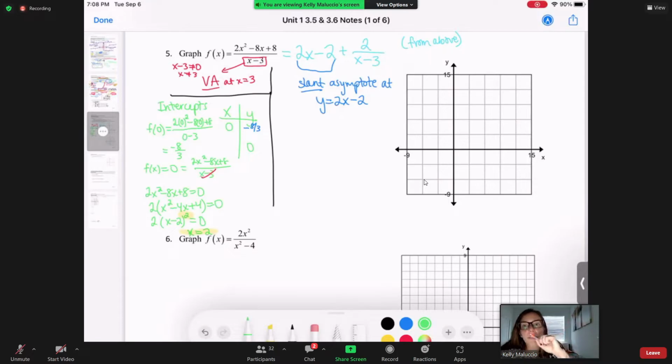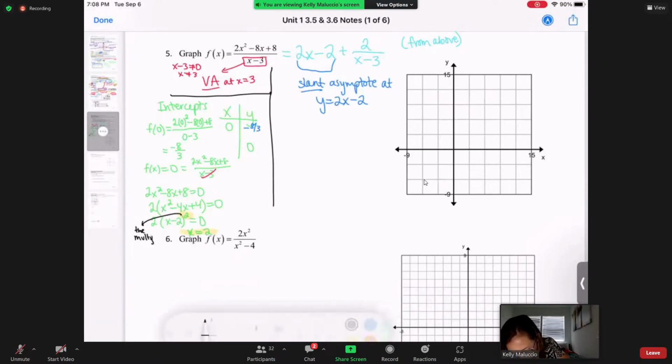What that means is when we graph it, it's going to bounce off of that point instead of crossing through the x-axis. So maybe I'll make a note of that. This is called the multiplicity. The multiplicity of x equals 2 is 2.